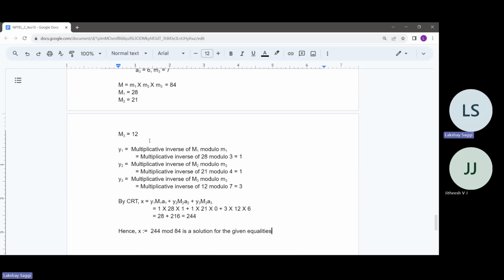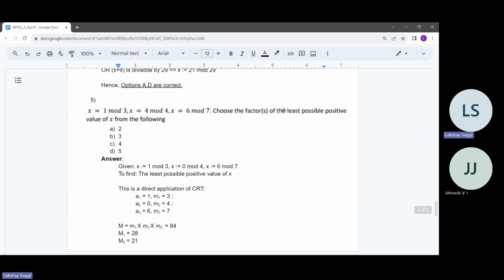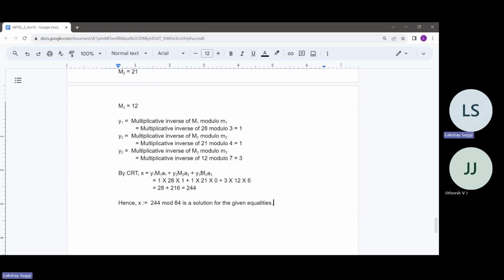And note that we need to find the least possible positive value. So there are infinitely many values, but we need to find the least possible positive value such that it is 244 mod 84.